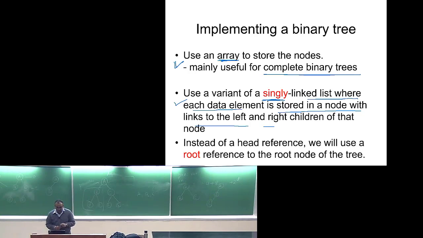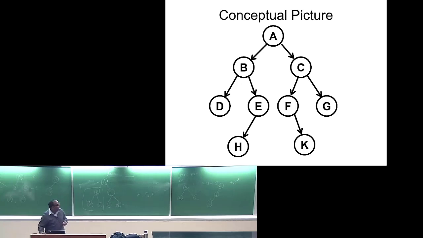All right, so in this variant of linked list that we will use to implement the binary tree, we will have a reference to a node called root. So instead of a head reference, we will use a root reference to the root node of the tree. So we can think of a binary tree like this, right?